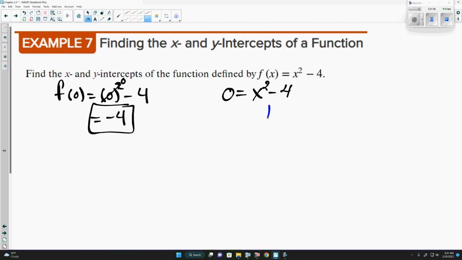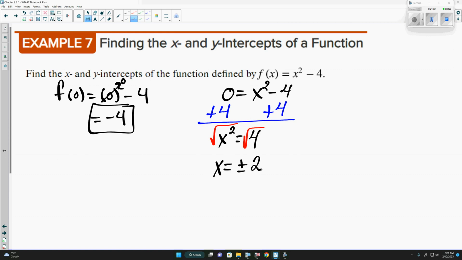Since there is no middle term, we can add 4 to both sides, telling us x squared is equal to 4. Take square root of both sides, telling us x is equal to plus or minus 2. So our x-intercepts are positive and negative 2. The y-intercept is -4.